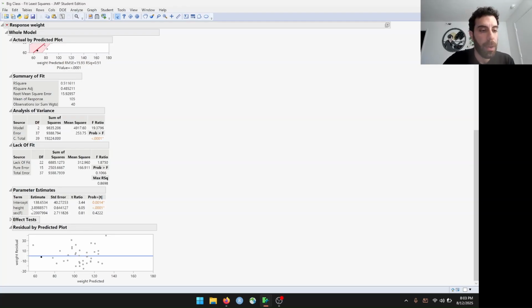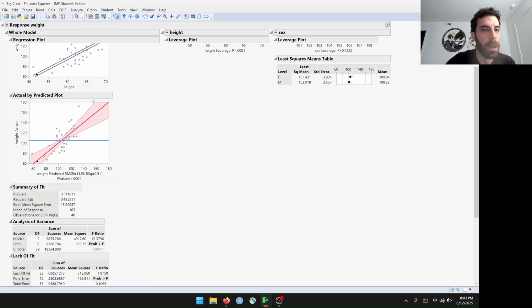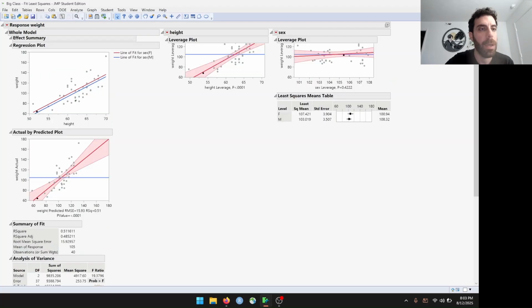So here's height. We see an estimate of 4. What does that mean? That means that for every 1 unit gain in height, and if we look at our height in our data set, it'll tell us, but it looks like it's measured in inches here, right? Because 60 would represent 5 feet. Most people are between 5 and 6 feet.